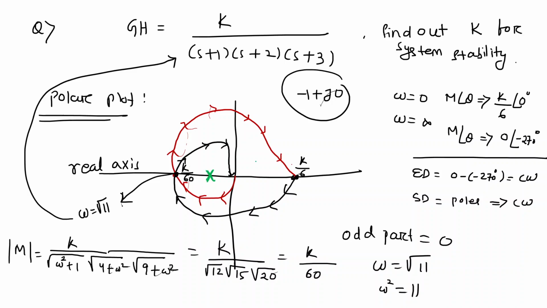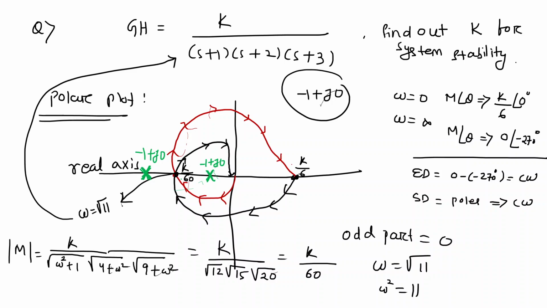There are 2 encirclements, right? But if you want your -1 plus J0 point here, then how many encirclements? 0. That's why for this question, your -1 plus J0 point should be to the left of this K by 60, right? Yes or no? Yes.